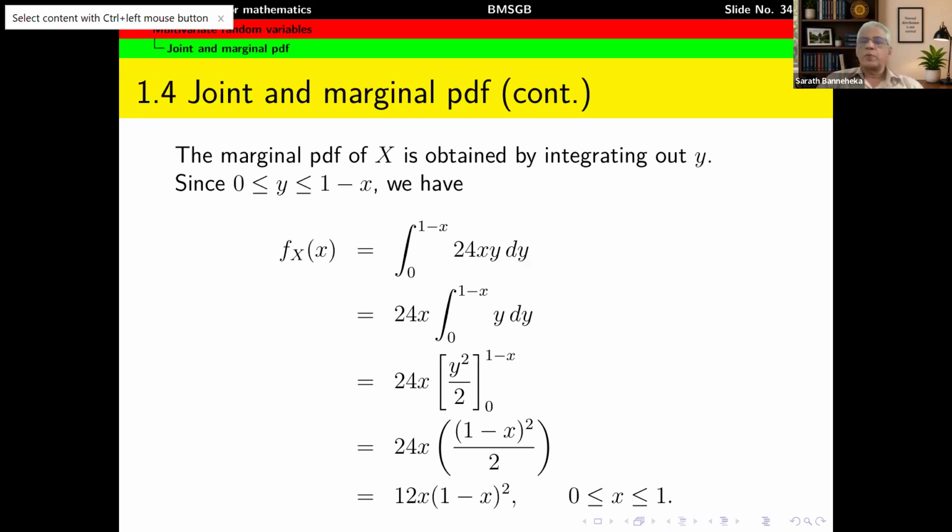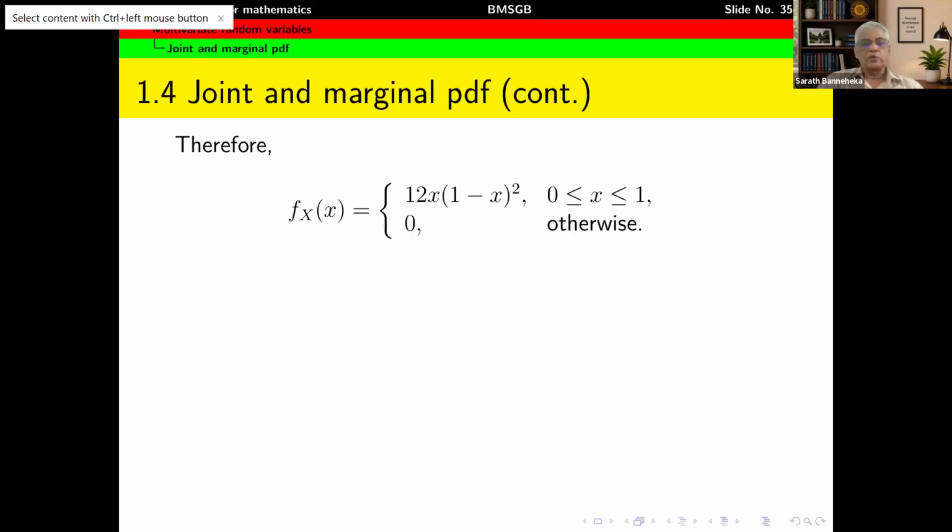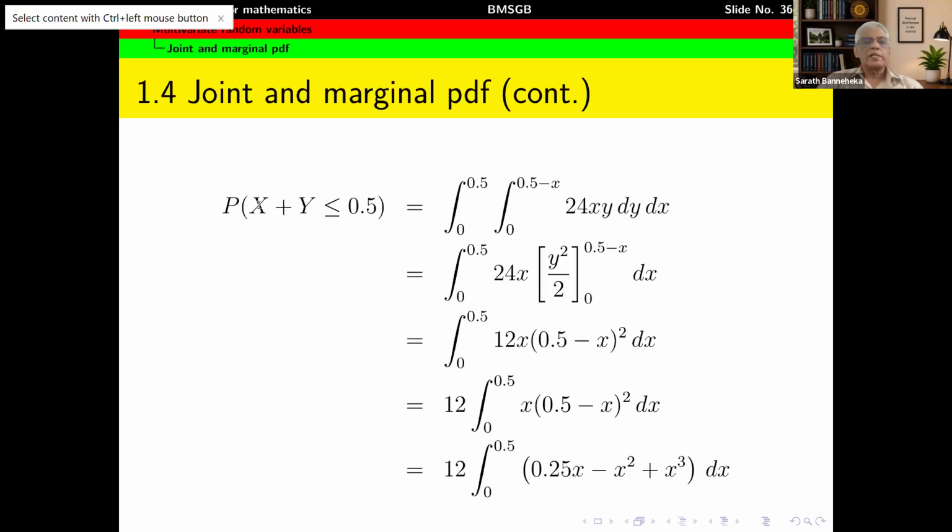Right. Then we will go to part 2, where we have to find the probability that x plus y is less than or equal to 0.5. So, according to theory, generally what you are looking at here is the probability that the point (x, y) is in some set A, right?